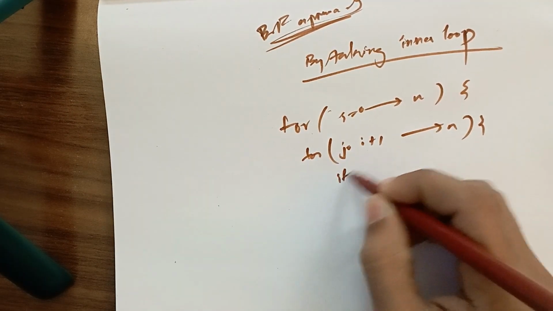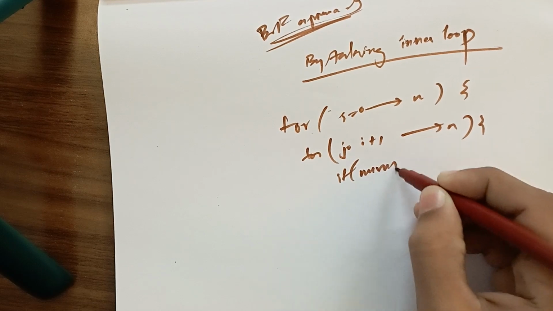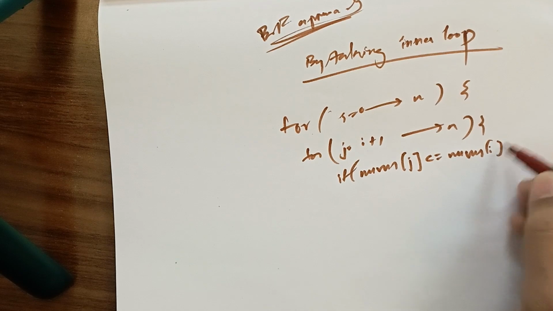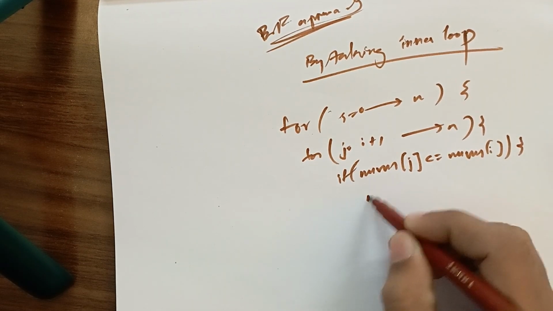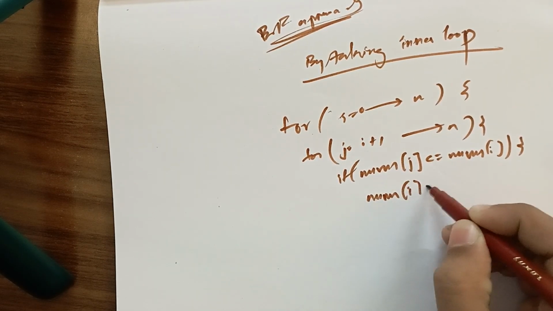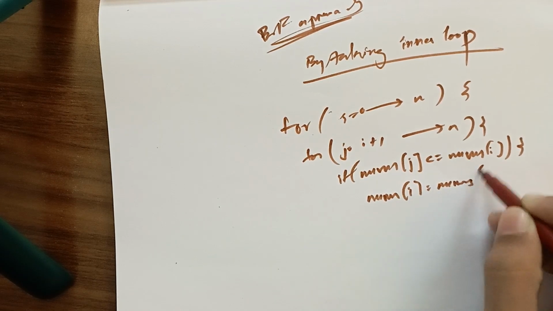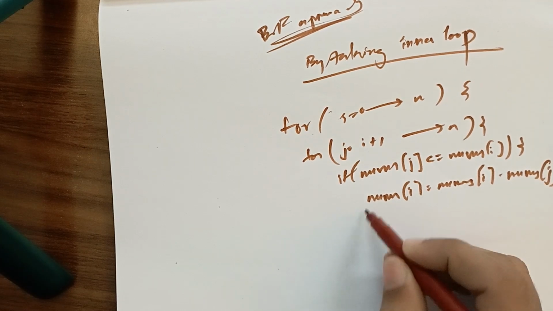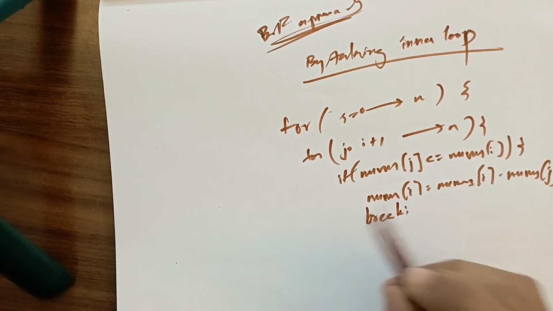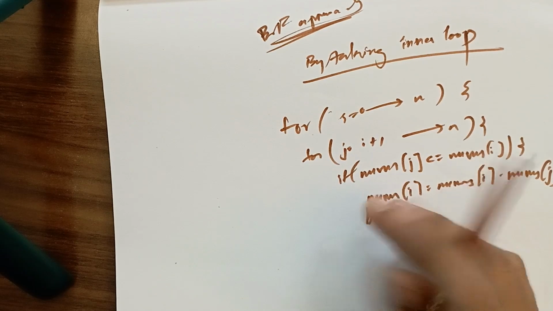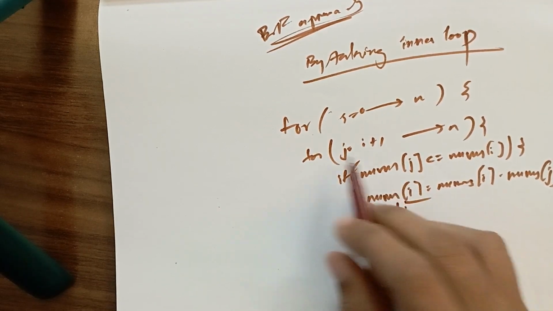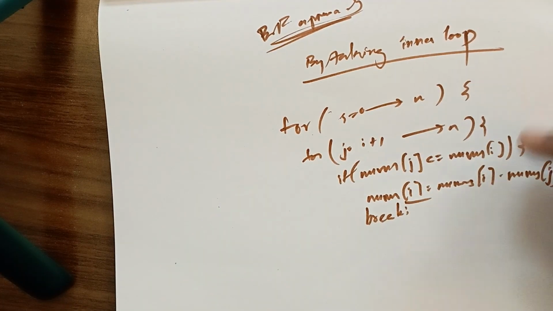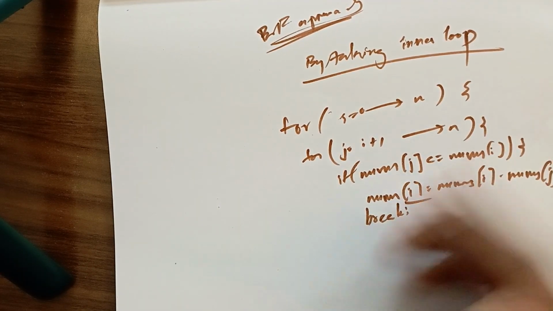And as I said, if nums of j is less than or equal to nums of i, then we'll be subtracting nums of j from nums of i. And if you got an element less than or equal to nums of i by iterating, then we will be breaking the loop. Then you don't need to go for the next elements.